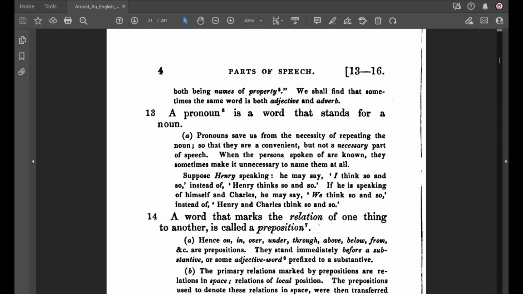We shall find that sometimes the same word is both an adjective and an adverb. And you'll find, in English especially, if you're given an exercise where you're asked to identify the part of speech for a word, it's very difficult. And if you look it up in a dictionary, you'll find that the same word can be used as a different number of parts of speech. You'll find that a word can sometimes be used as an adverb, sometimes as an adjective, sometimes as a preposition.